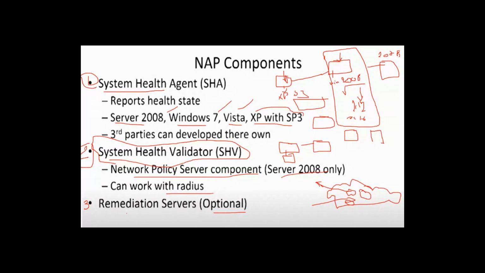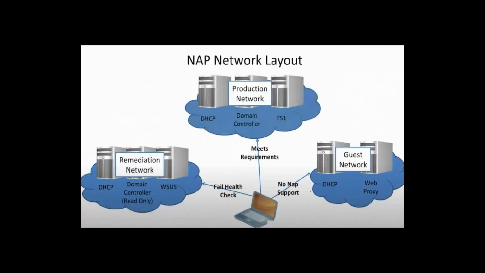So this is like the quarantine network inside the network access control, but mainly the remediation server means that you have some kind of access in order to let you update the conditions that you want to meet in the health check, right? So this is the remediation server.